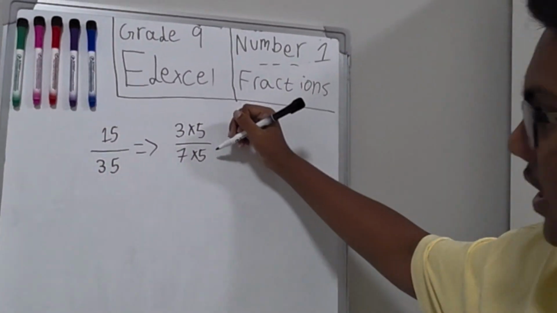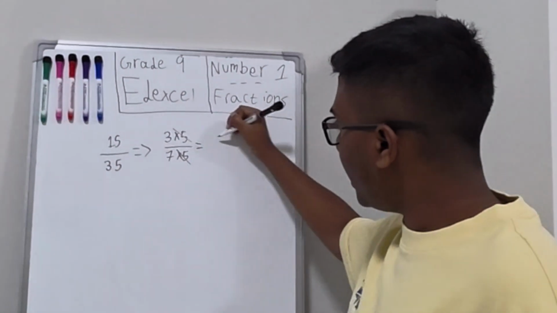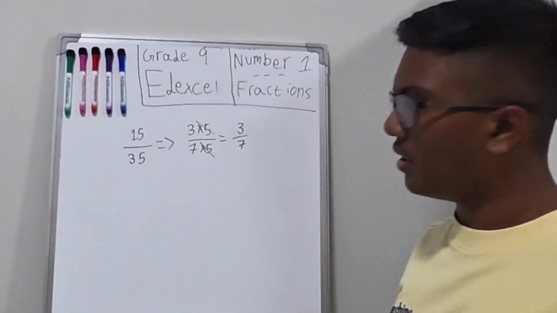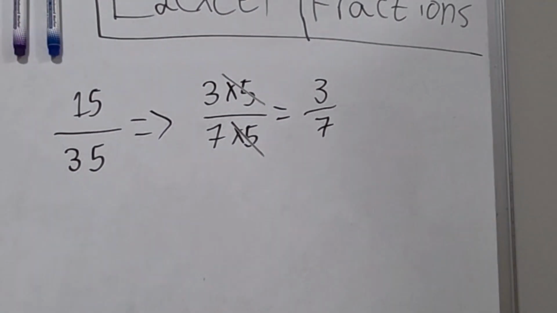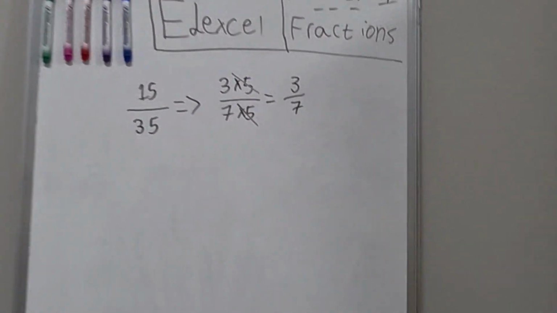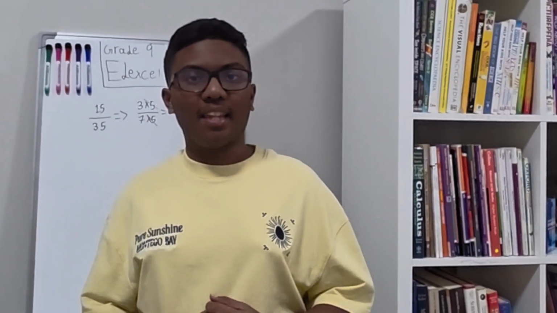And since this is a division equation, we can cancel these out, leading to a final answer of 3 by 7. By means divided by, mind you. This is how you would simplify a fraction, by finding out the common factors between the top value and the bottom value, the numerator and the denominator, and cancelling them all out.